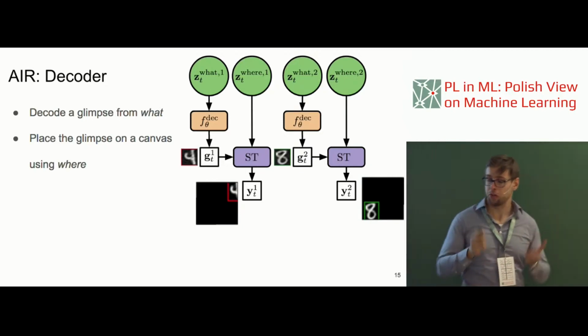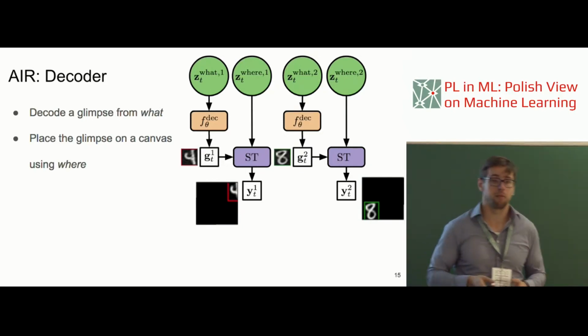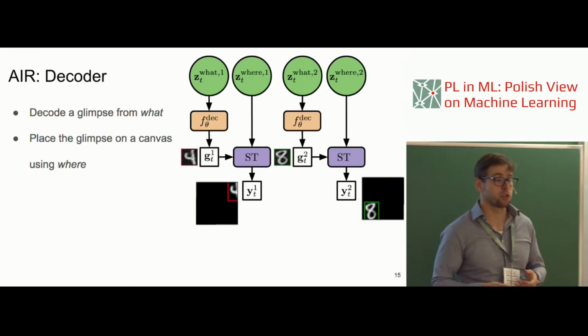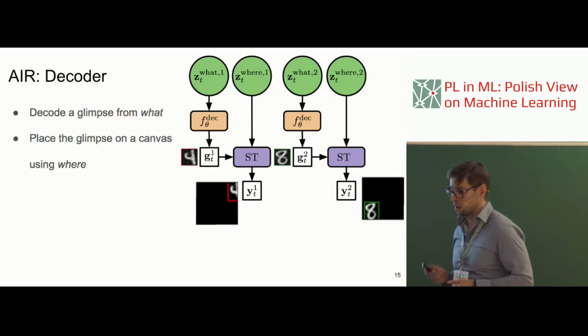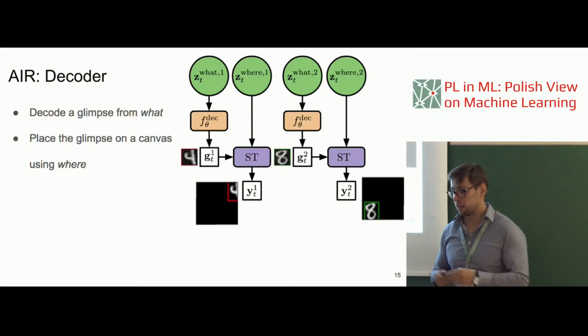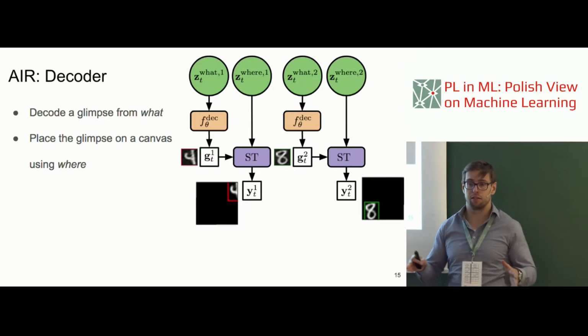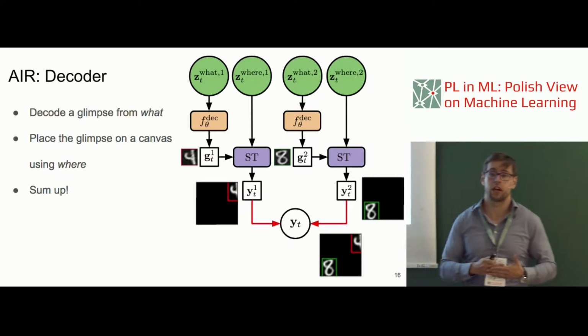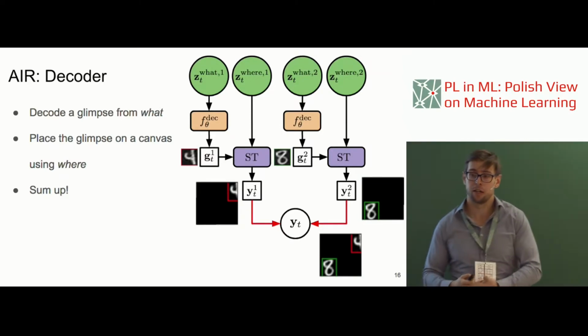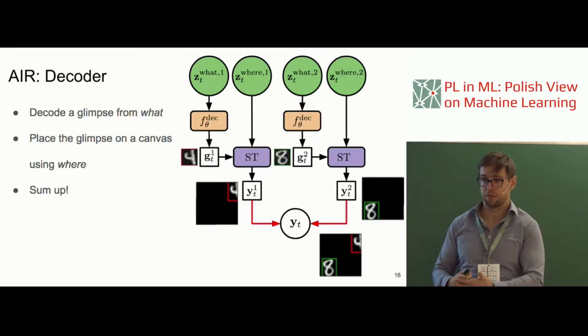This transformation in this particular example is done by what's called a spatial transformer, which is a model introduced by Jaderberg and others in 2015. It basically takes the small glimpse and places it onto a larger canvas. And finally, we can just add those canvases corresponding to different objects together to create the final image.